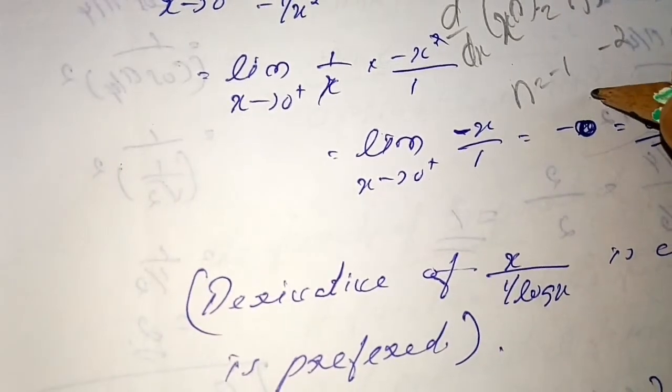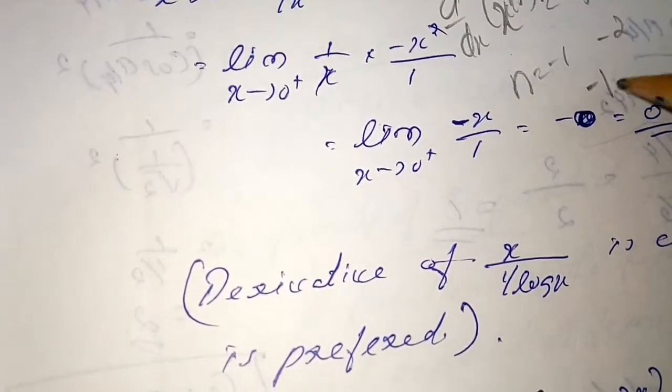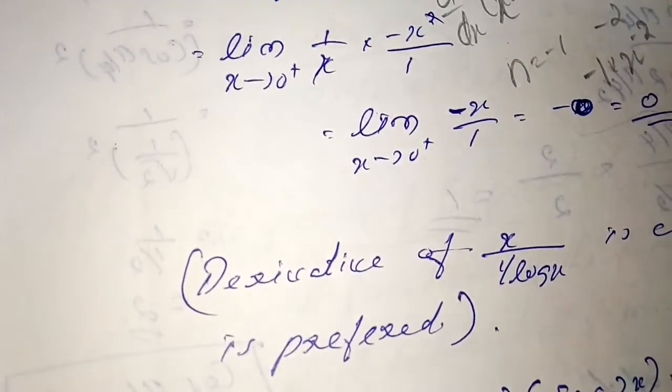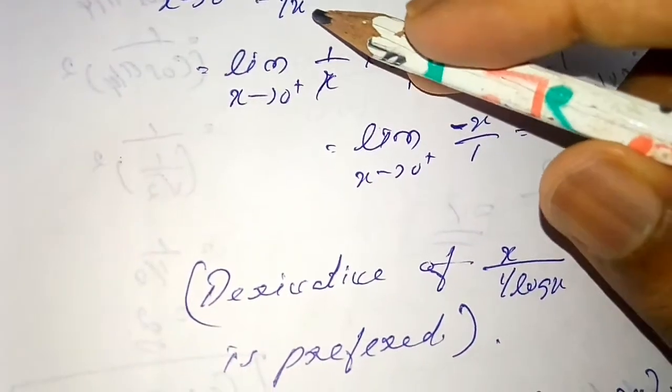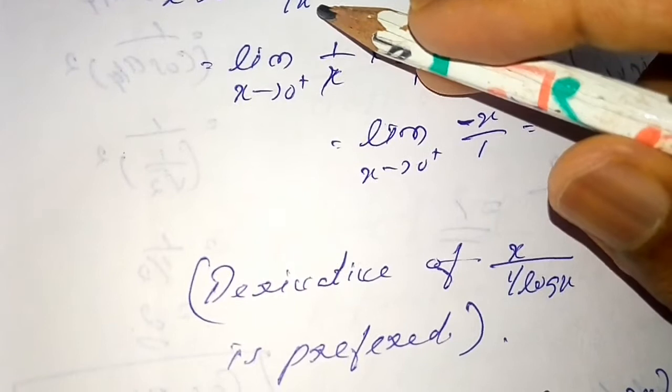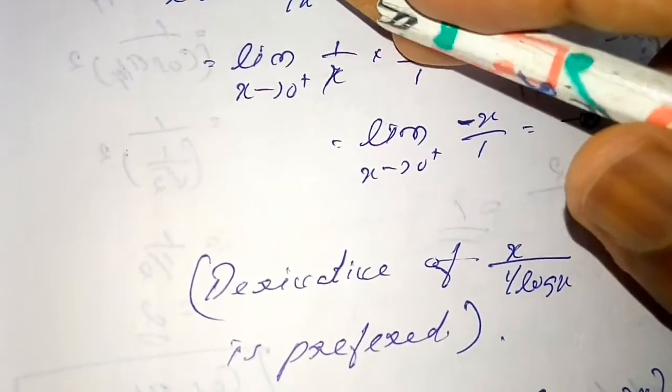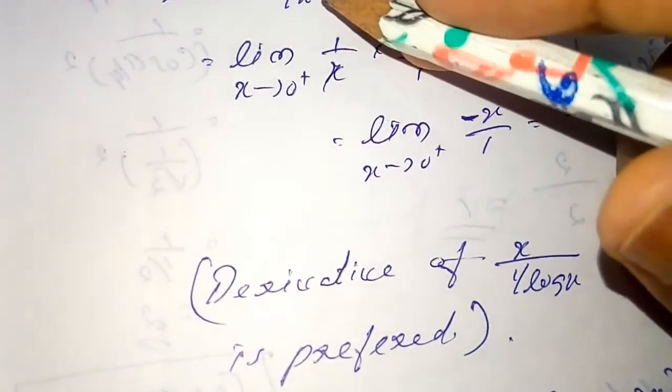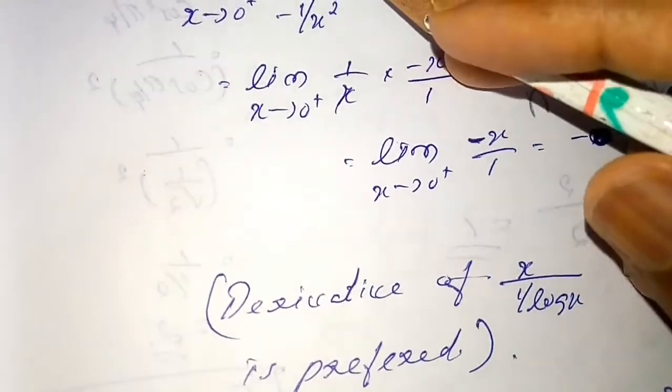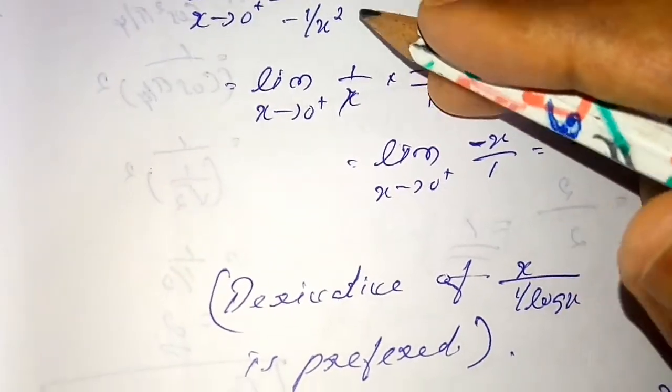So the answer will be minus 1 into x raised to minus 2. We can write it as minus 1 by x square. So we have found the derivative, and we need to put the limits.